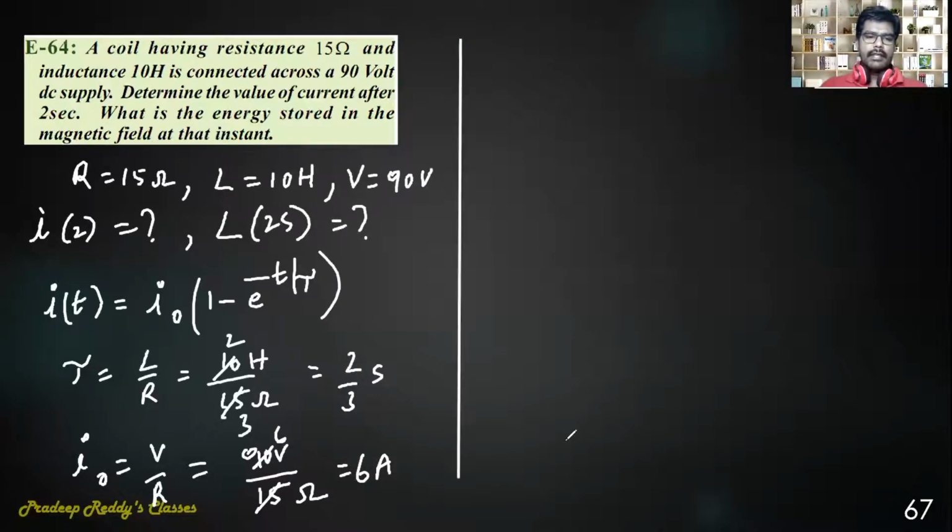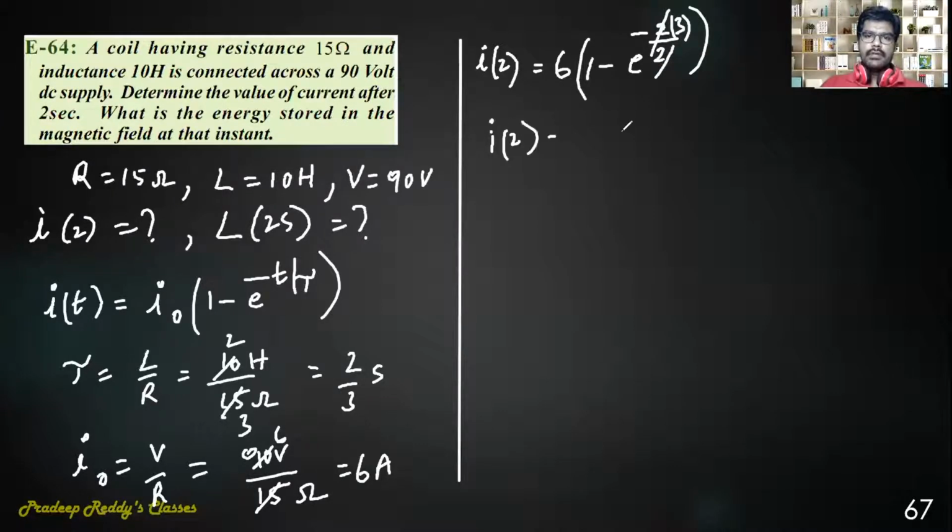Now I want to calculate I at 2 seconds. Therefore, I of 2 is equal to I naught value of 6 into 1 minus e power minus 2 divided by tau, which is 2 by 3. This 2 and 2 gets cancelled. So I of 2 is equal to 6 into 1 minus e power minus 3.